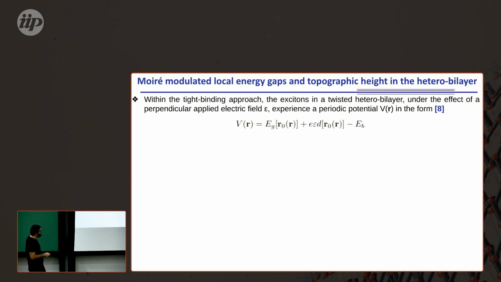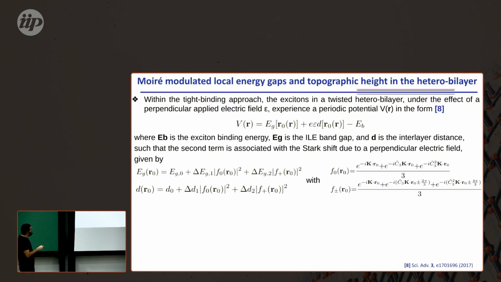I have to say that in this model, the binding energy should, in principle, also depend on the position and also on other factors like the twist angle. But for most of the results that this paper and also the results that I'm going to present here, we're going to assume this as a constant, okay?